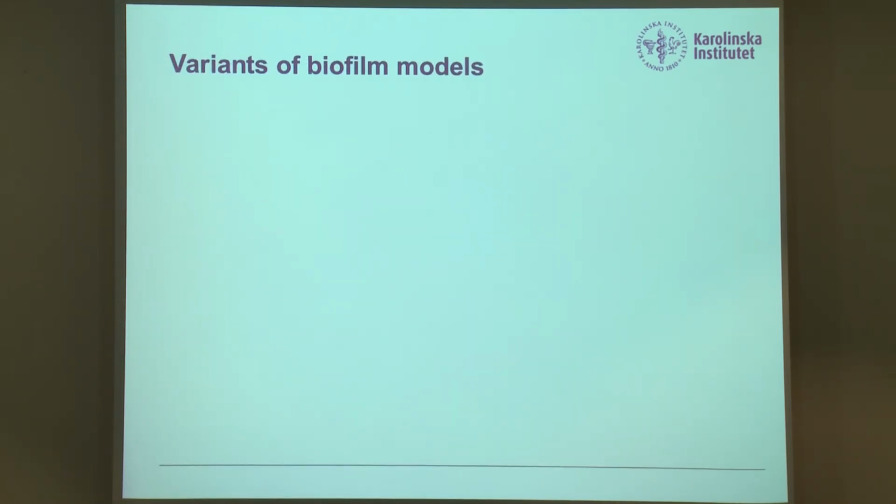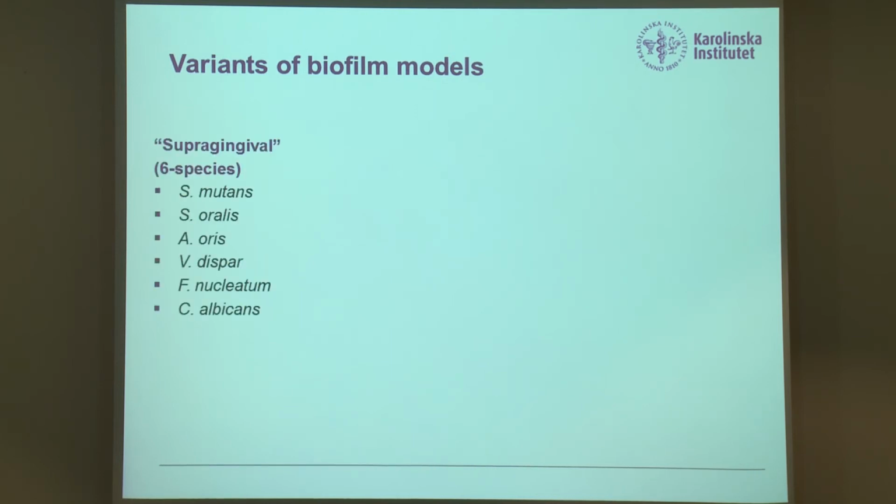I'll describe briefly the variants of the biofilm models that we have used, and we have on one hand the so-called supragingival species model, which consists of 5 bacterial species and 1 yeast that can commonly be found in supragingival plaque.